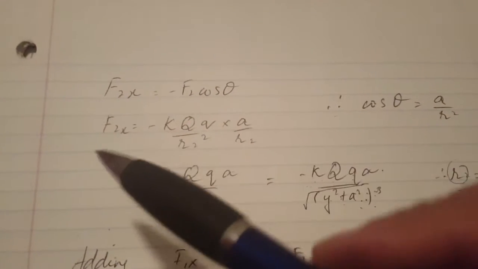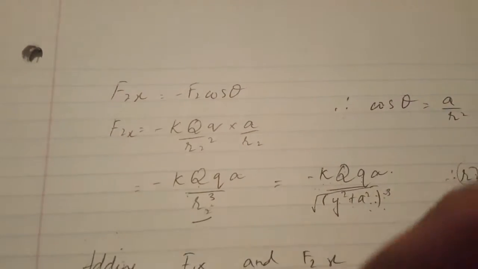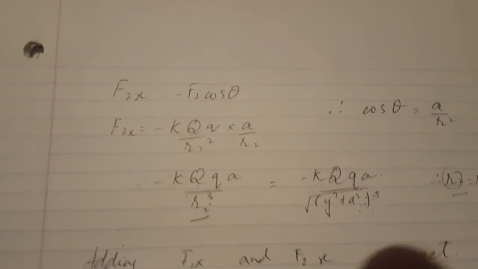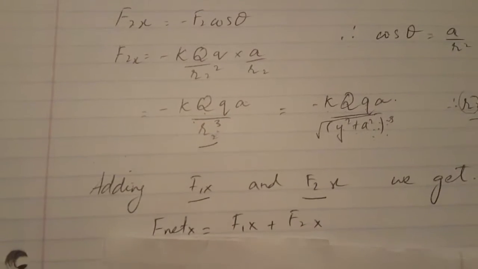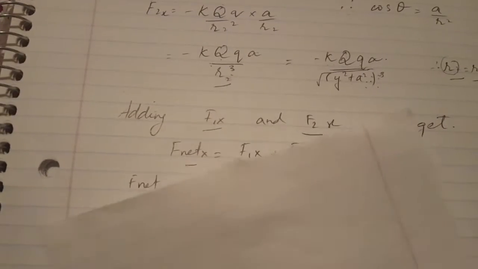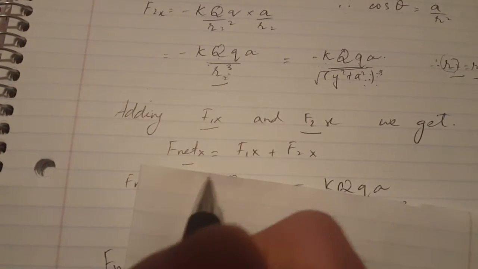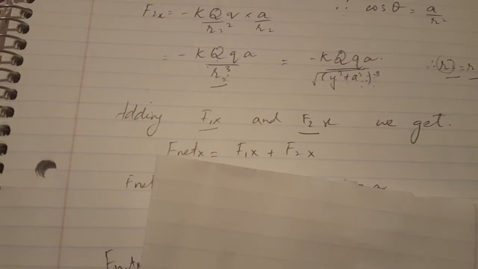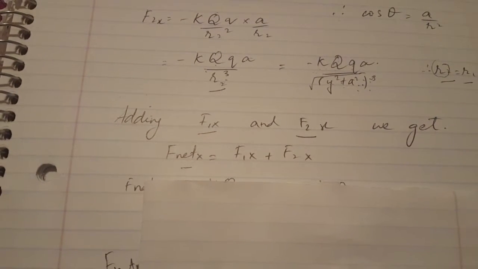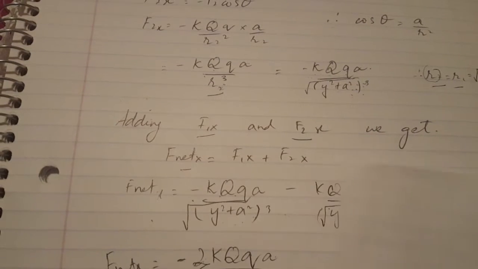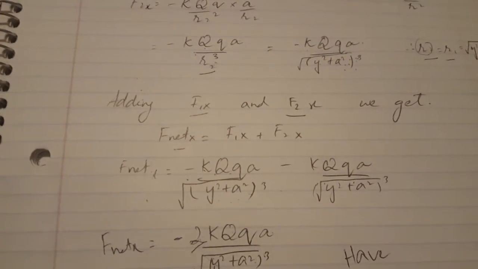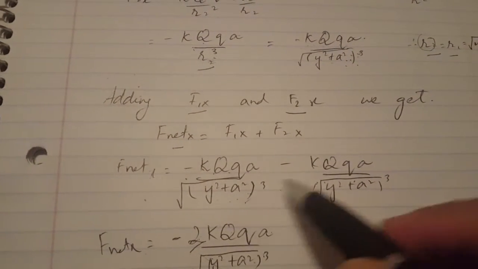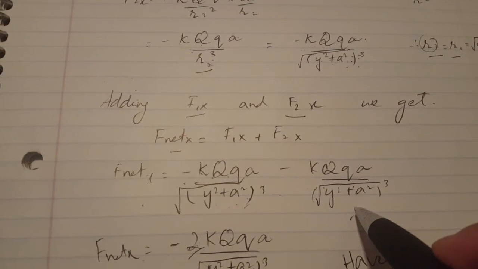Now we know the value of F2x and we also know the value of F1x. We can put those values in this equation and find our F net x. Putting the values of F1x and F2x in the F net x equation, we get this. Here we have our F1x and here we have our F2x.